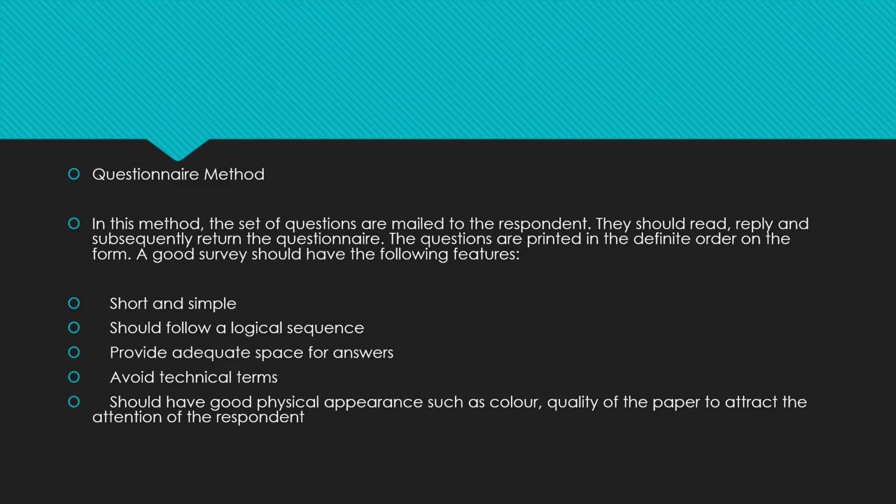A good survey should have the following features: short and simple, should follow a logical sequence, provide adequate space for answers, avoid technical terms, should have good physical appearance such as color, quality of the paper to attract the attention of the respondent.